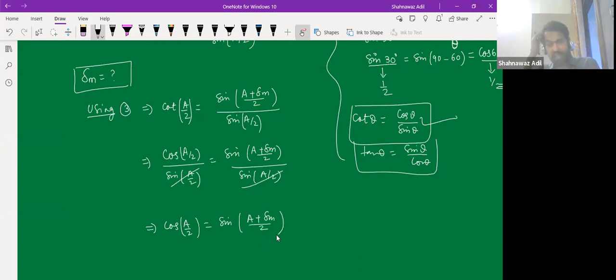So you see that on the right hand side we have a function of sine, and on the left hand side we have a function of cos. But I already know the relation between cos and sine. So how can I write cos in terms of sine?